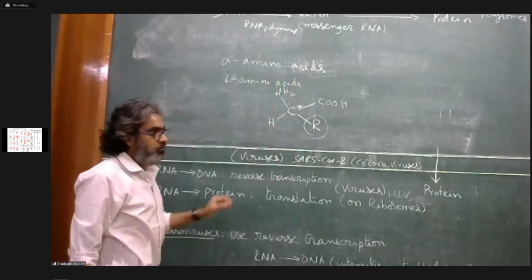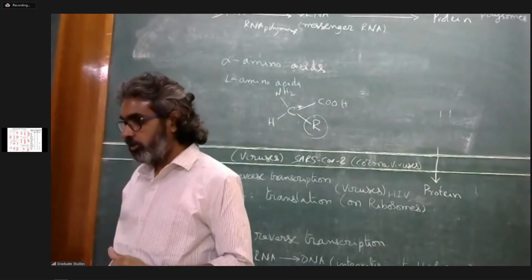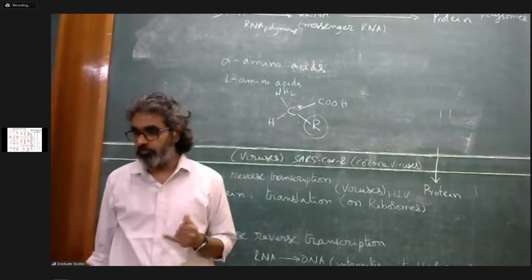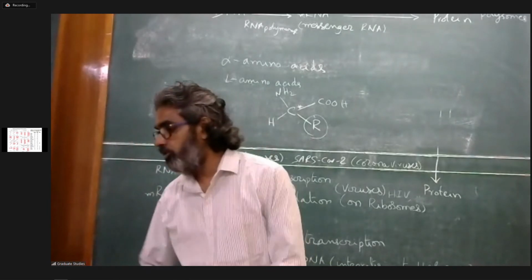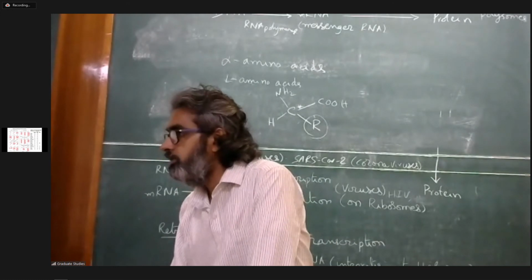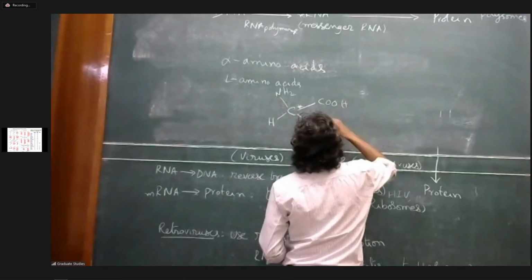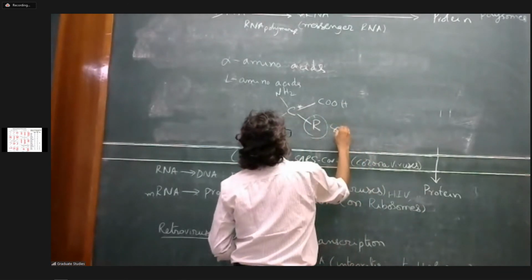So this R actually makes these amino acids rich in terms of their structure and function. So the table shows nicely they come in different varieties. Okay, the R is called side chain.